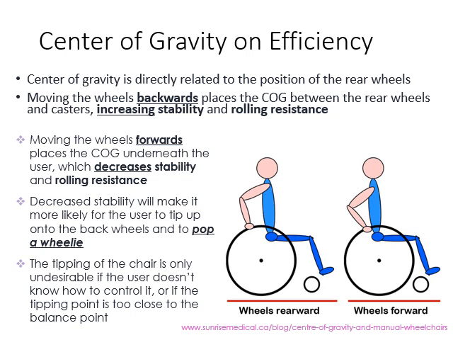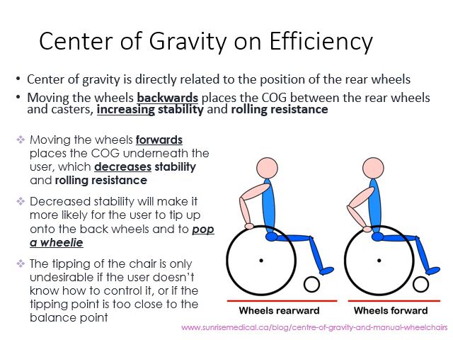And so the base of the wheelchair, the points of contact with the ground, are larger, and that is going to be a more stable wheelchair. Whereas if we move the rear wheels forward towards the front caster wheels, we're actually decreasing the base of support of the wheelchair. We're decreasing the stability of the wheelchair.